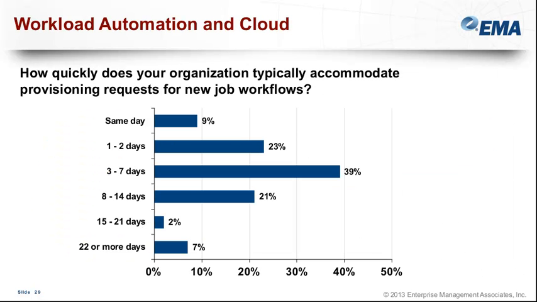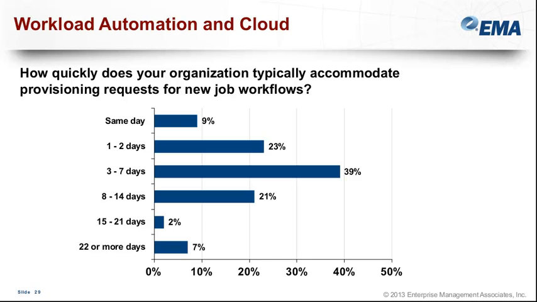And then we have the immediate gratification value proposition of cloud for business units today. And when we look at workload automation, however, we see that the majority of companies still let their business units and project managers wait 3 to 7 weeks until workflows can be deployed.